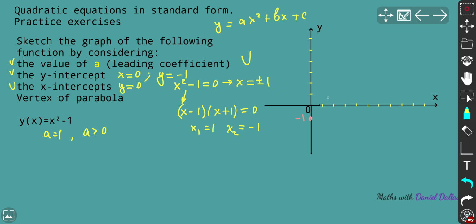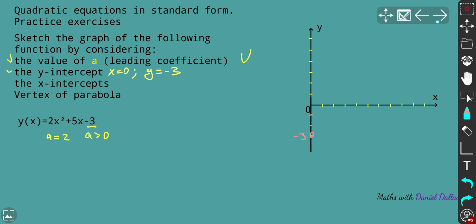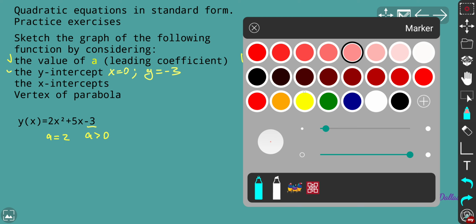So those are x-intercepts, so we mark them as the red ones. Okay, so we've done this here, and we go to the next equation.